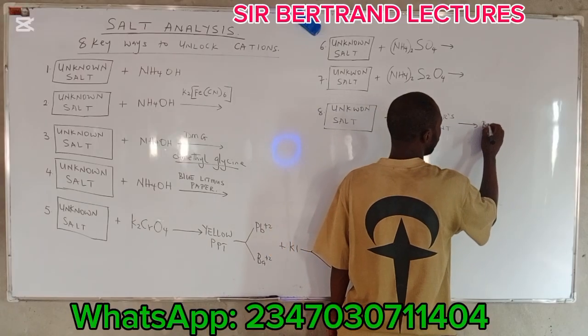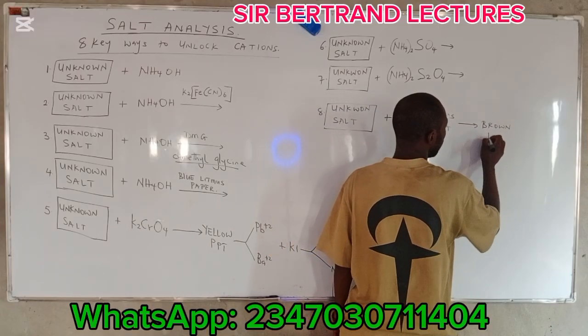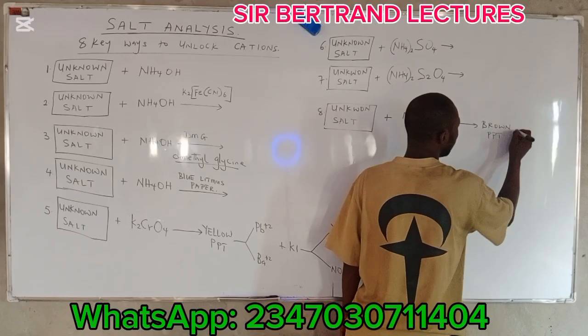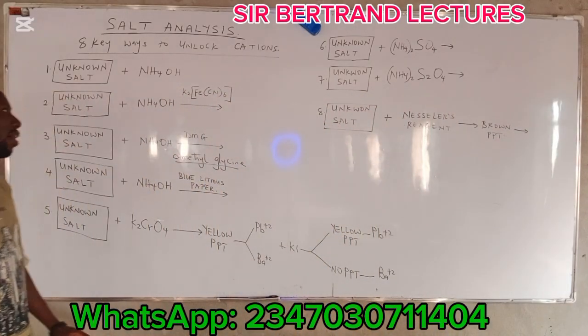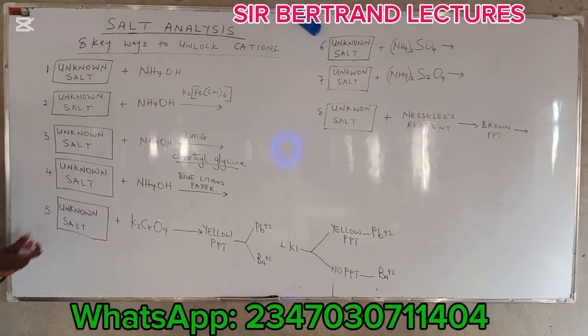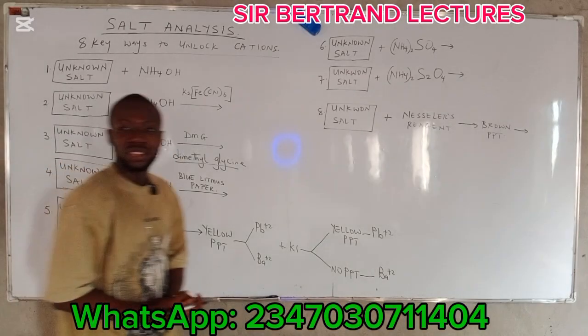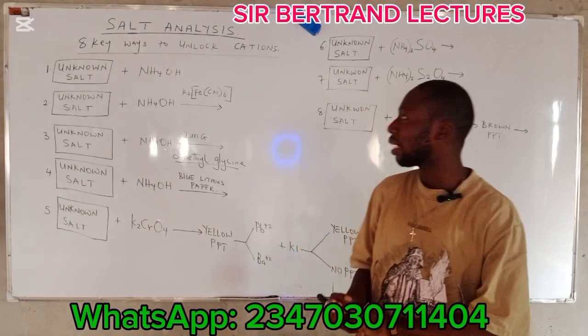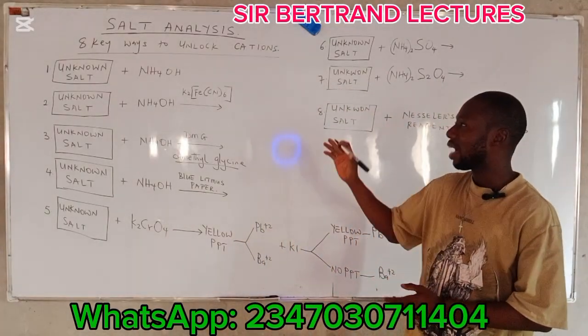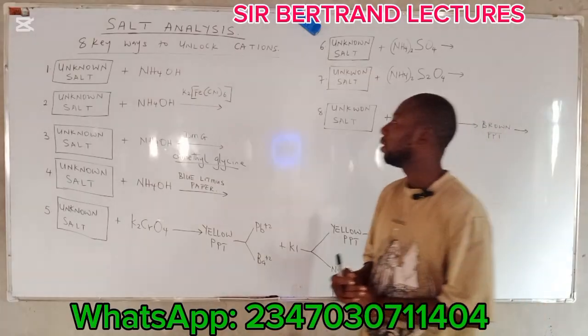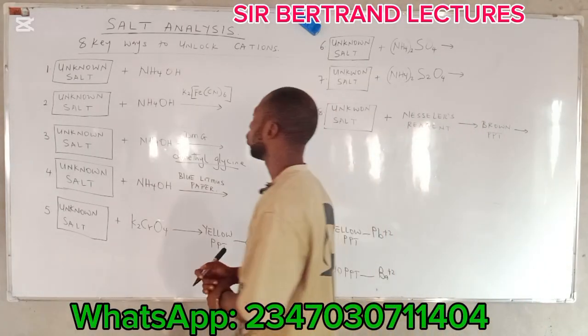It's going to give brown precipitate, all right? It indicates the presence of a particular ion. So here on the board are the 8 ways to unlock the cations present in an unknown salt sample. Let me explain them one after the other and complete the experiments one by one.